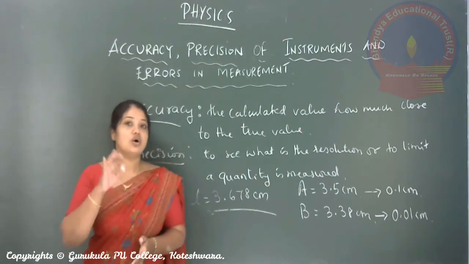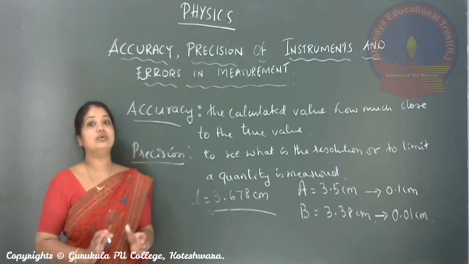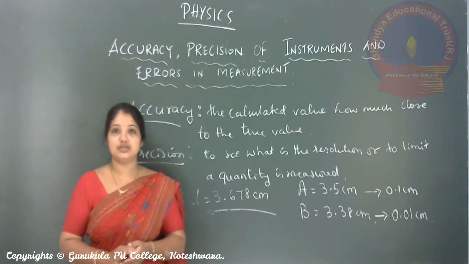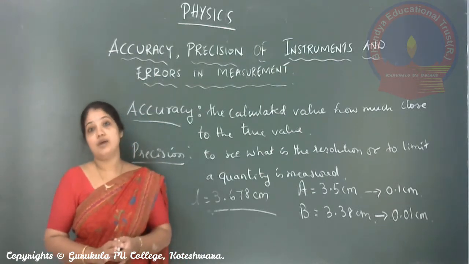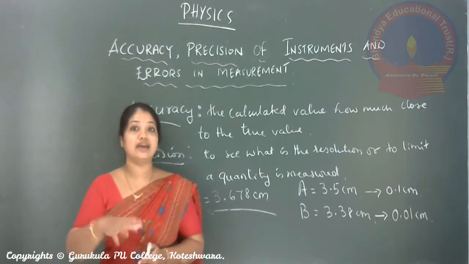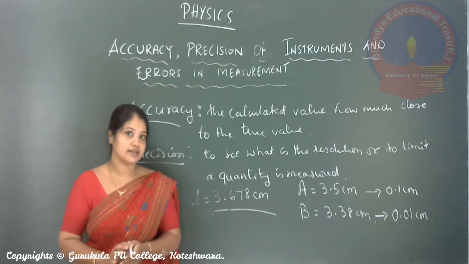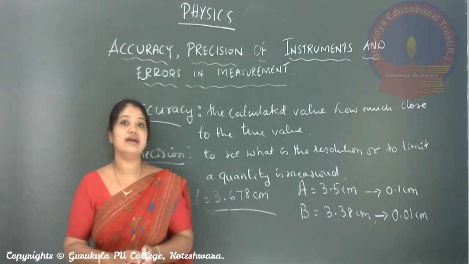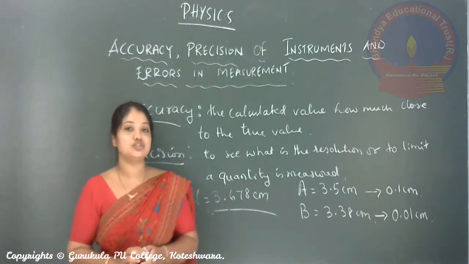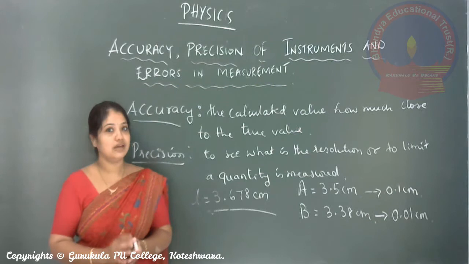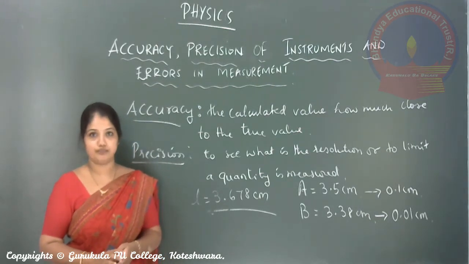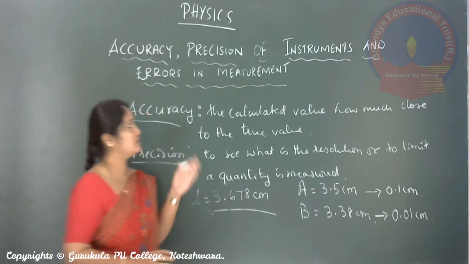So we have to keep in mind this basic accuracy and precision in selecting a proper instrument, so that we can do our experiment and get a very good result. That is why we have to know which measuring instrument can be chosen to perform the experiment, based on accuracy and precision.